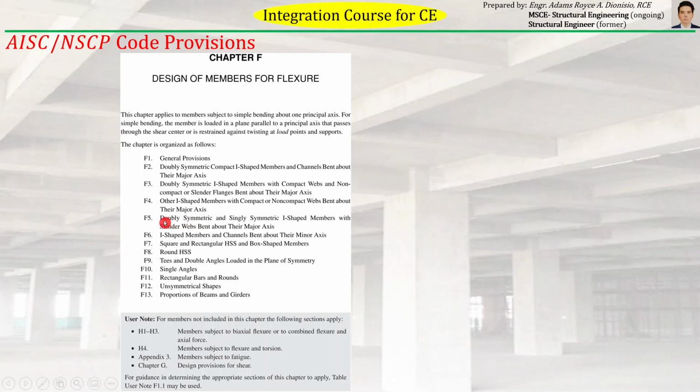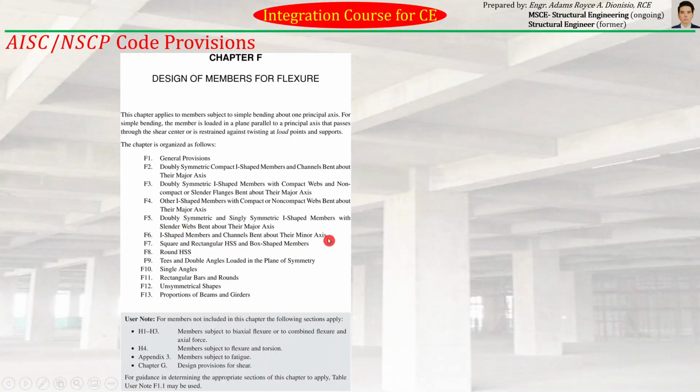Hindi na masyadong nagagamit ito kasi oftentimes nakaka-encounter ng mga members with slender components. F6, I-shape members and channels bent about their minor axis. Hindi rin masyadong nagagamit. F7, square and rectangular HSS and box-shaped members. F8 for round HSS naman. HSS stands for hollow structural steel.